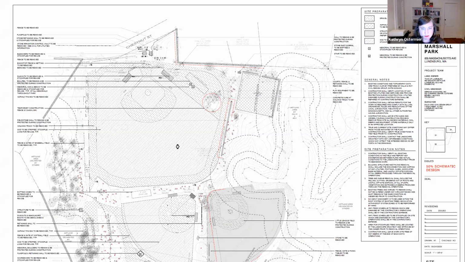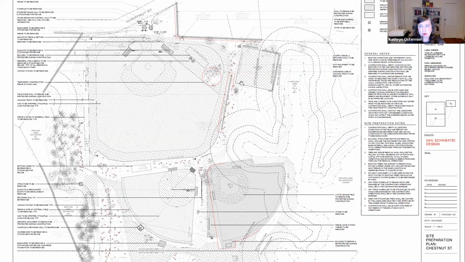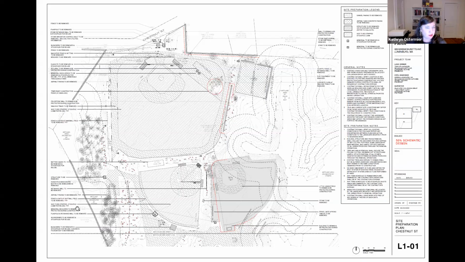This is the northern portion of the park, and we'll send these drawings along to everybody. We've identified construction fencing to protect the existing Little League field so that we won't trespass on it or cause any damage to the field.